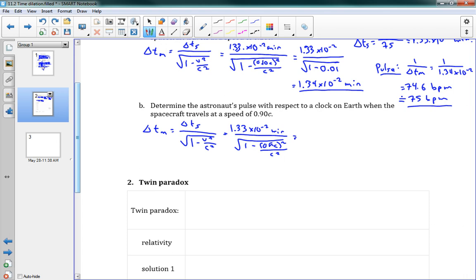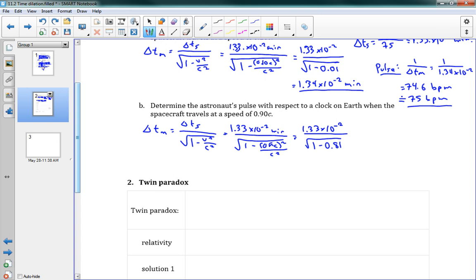And of course the c squareds cancel out, so we get 1.33 times 10 to the negative 2 over the square root of 1 minus, so 0.9 squared is going to be 0.81.